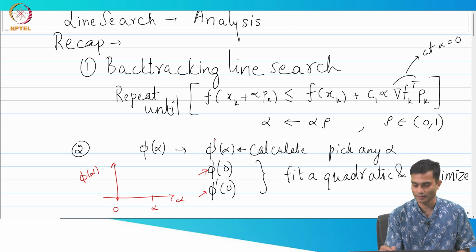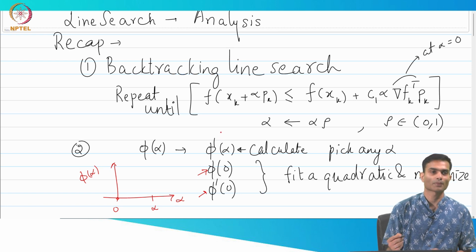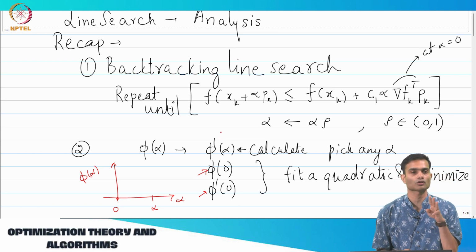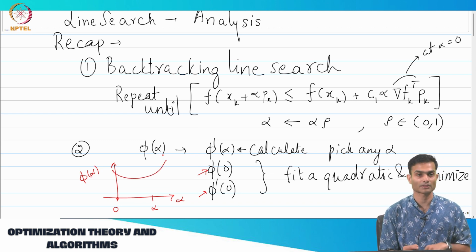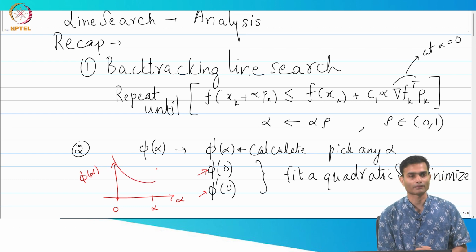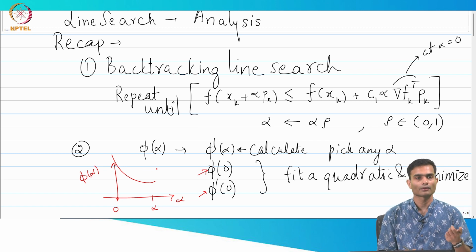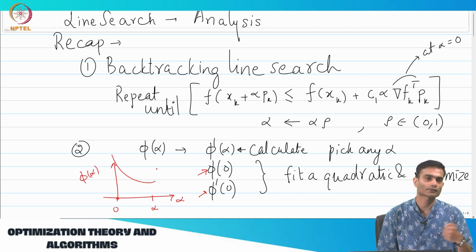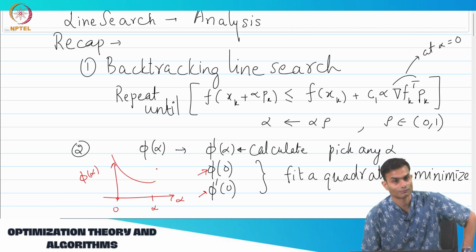You can take either phi dash alpha or phi alpha, take your pick. But basically 3 pieces of data allow me to fit a quadratic in this range, for example. Once I know that, I can analytically solve for it, find the minima and move to that. If it turns out that my function is actually quadratic, then I have solved it.